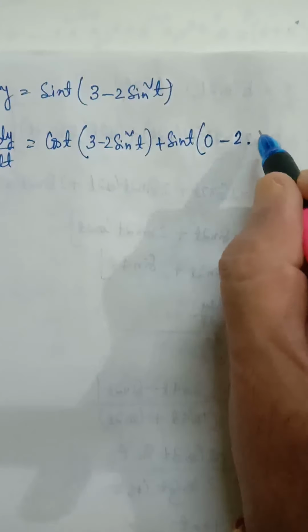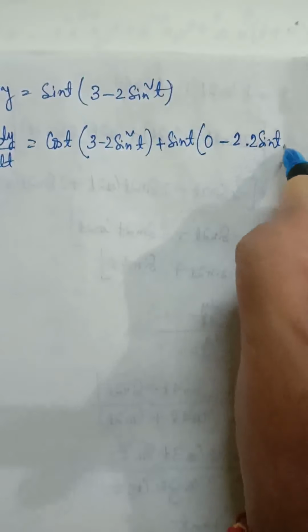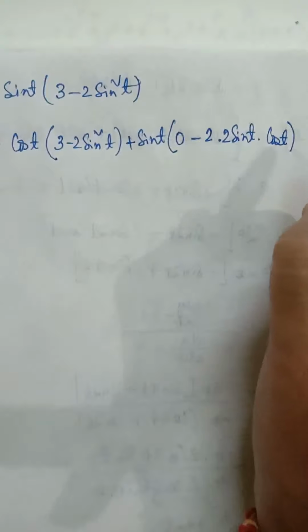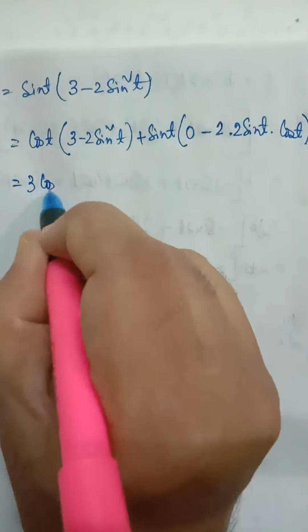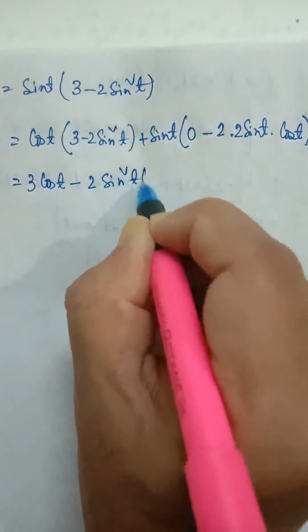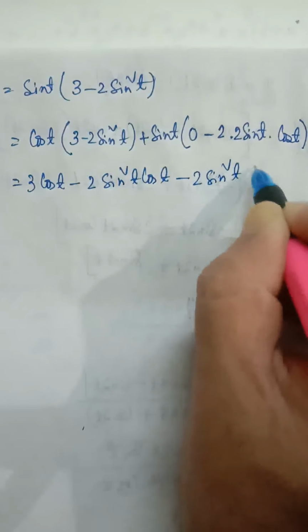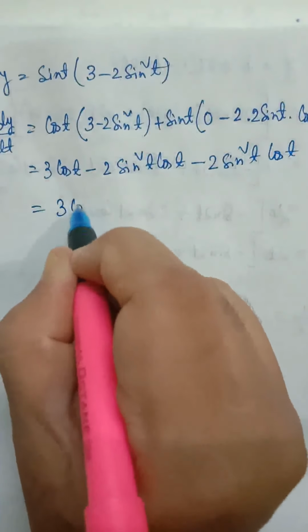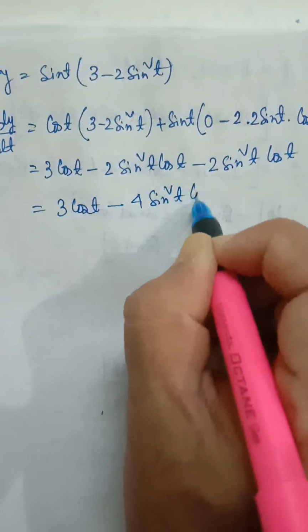Its derivative will be like x square, 2 sin t into derivative of sin t, which is cos t. Okay, so this will be 3 cos t minus 2 sin square t into cos t minus 2 sin square t into cos t. So this will be 3 cos t minus 4 sin square t cos t.